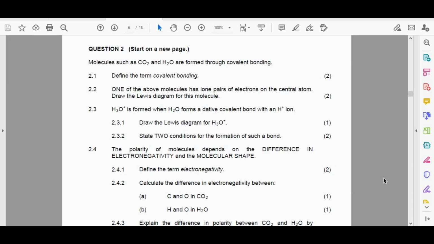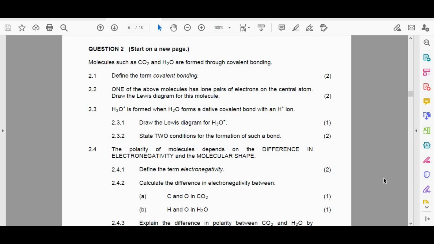That we will learn a bit closer when we get to acids and bases, so I'll save that for later on in the year. We'll leave 2.3.2 for now.